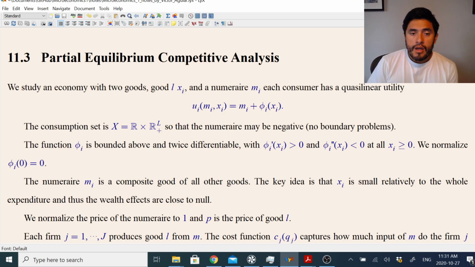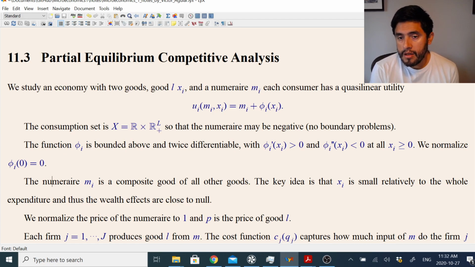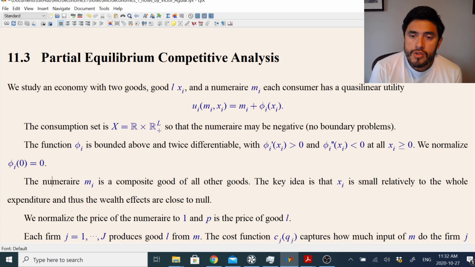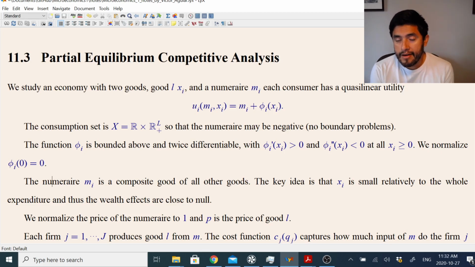Another way to see it is what fraction of income buying cereal represents. Usually this fraction will be small in terms of the total income that you get in a month or a week. So this is an ideal setup to study the quasi-linear equilibrium, in the sense that you can abstract away from income effects.